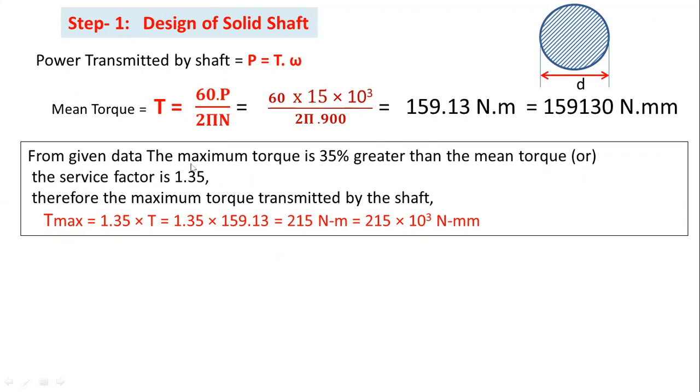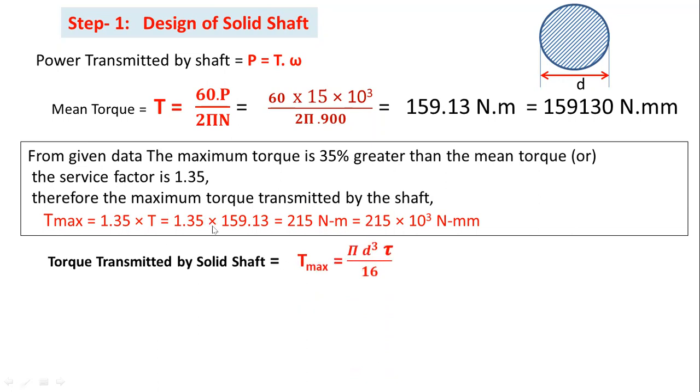So 1.35 is the service factor. For getting the maximum torque, you have to use this formula: maximum torque equal to service factor into mean torque. Here the service factor is 1.35 and mean torque equal to 159.13 Newton meter. So from this equation, 215 into 10 power 3 Newton mm. This is the maximum torque.